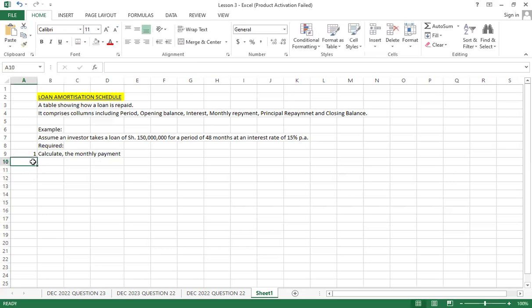And number two, prepare the loan amortization schedule.